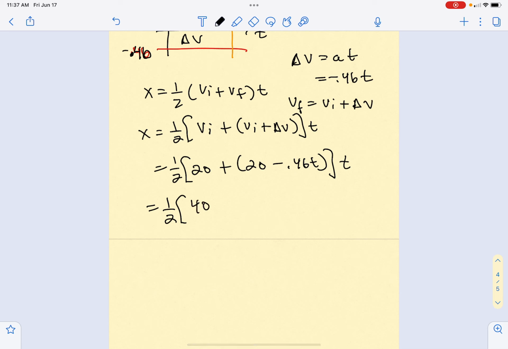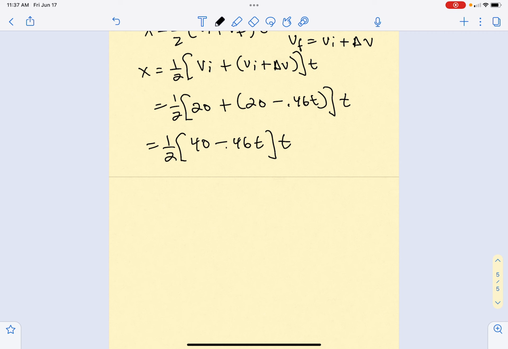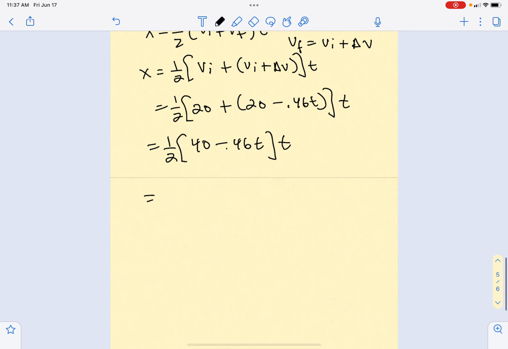So here we have 40. And let's do a little simplifying here. So 1/2 times 40t minus 0.46t squared.